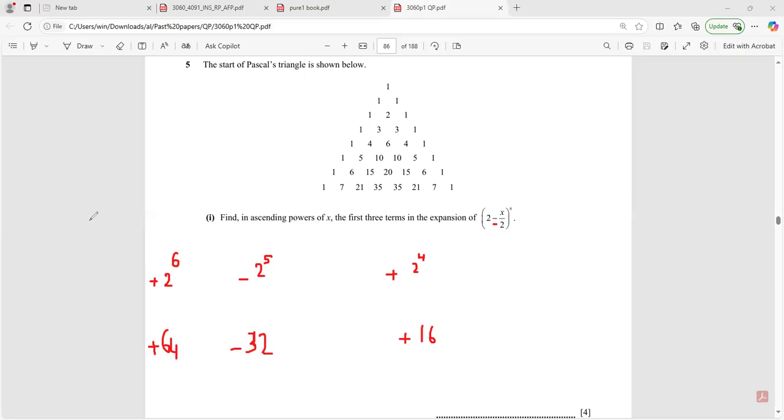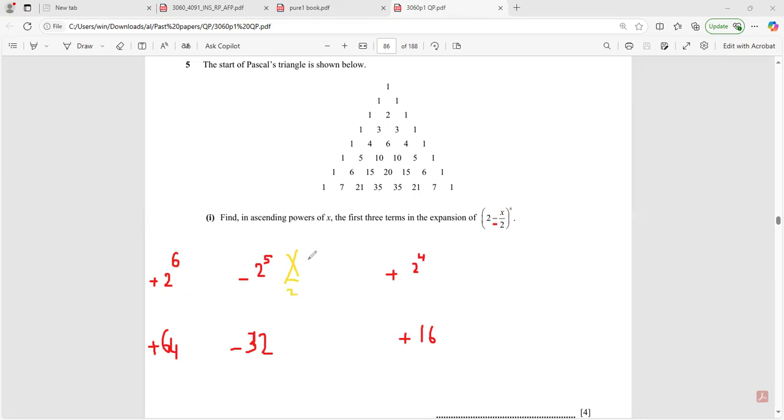Next, the second term: the coefficient of x, which is half, is powered to 0 here, so we don't write anything. So here we have x multiplied by x over 2.